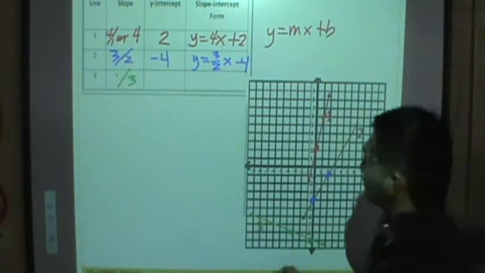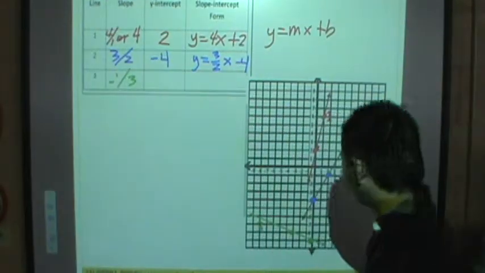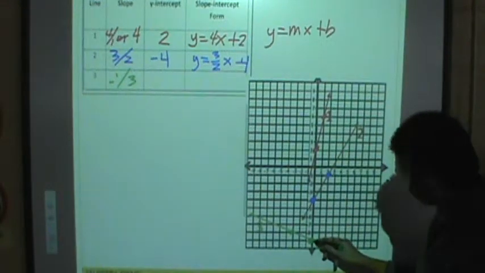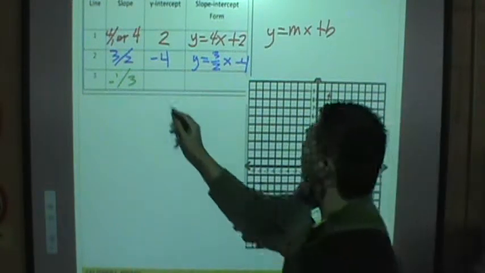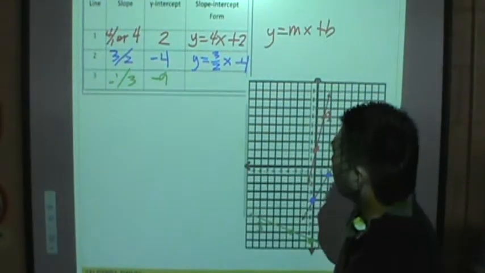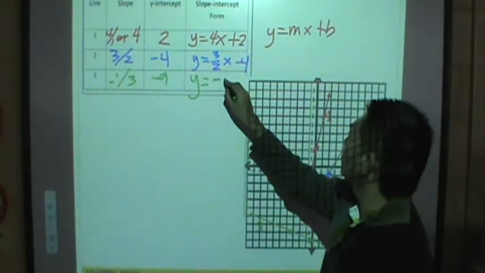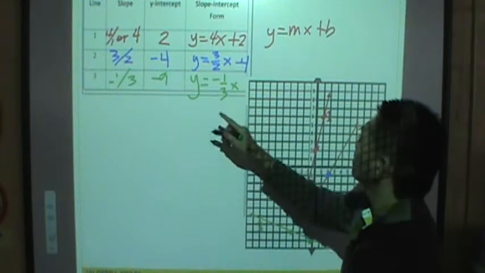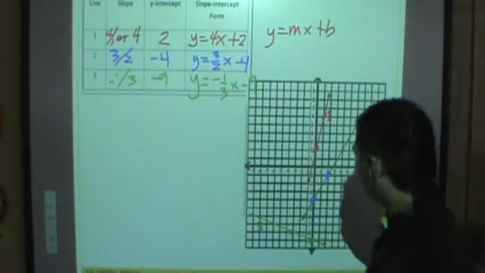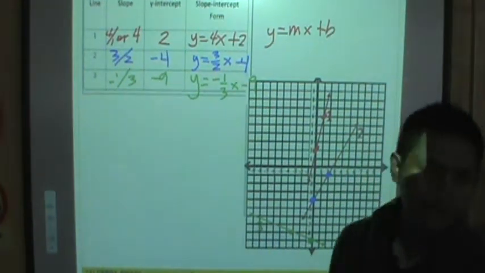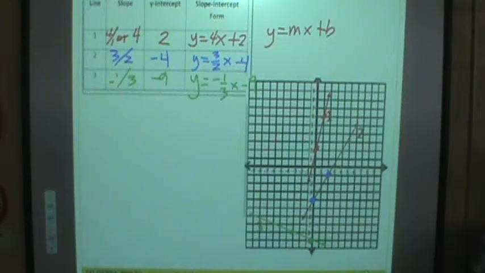Because it went left, it should be negative. And then your y-intercept is at -9. So therefore, your equation is y equals, your slope is negative 1 over 3, put the x, y-intercept is 9, there you go. Negative 1 over 3x minus 9 is your slope-intercept form.